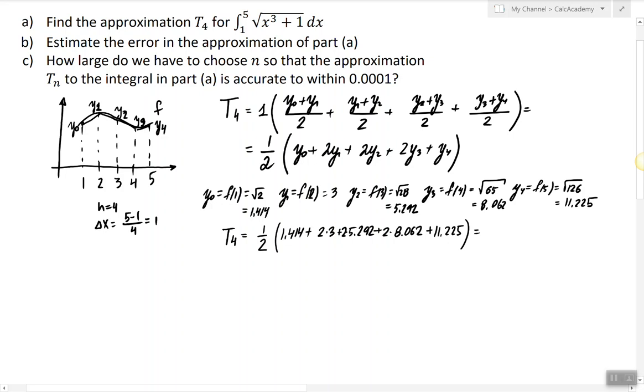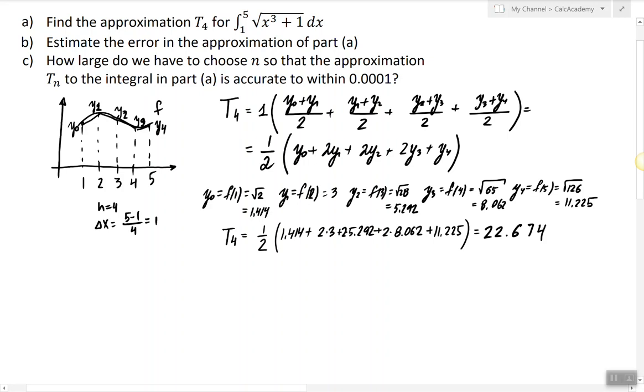So 1.414 plus 2 times 3, plus 2 times 5.292, plus 2 times 8.062, plus 11.225, and divide all that by 2, we get 22.674.